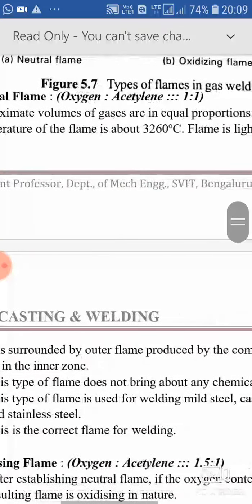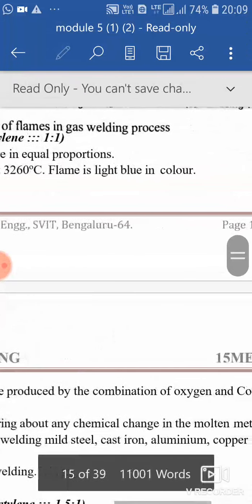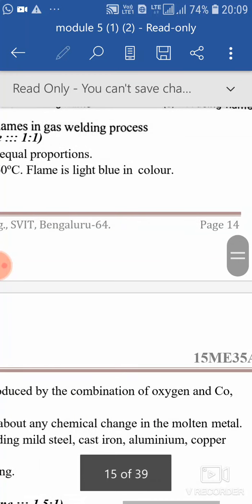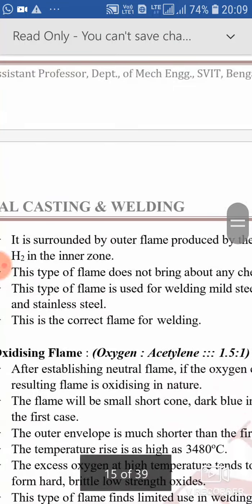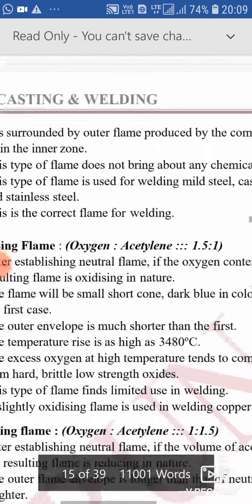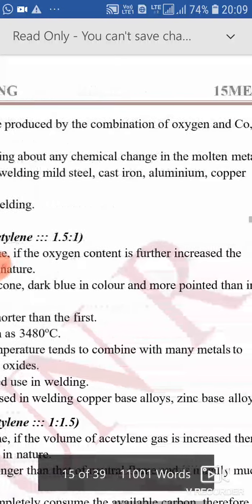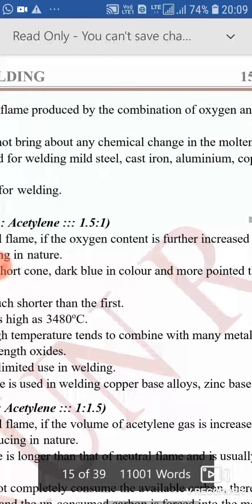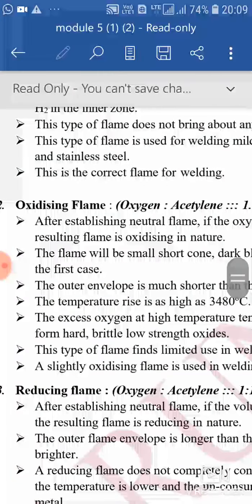It is surrounded by an outer flame produced by the combination of oxygen and the CO and H2 in the inner zone. This type of flame does not bring about any chemical changes in the molten metal and stainless steel. This is the correct flame for welding purposes.